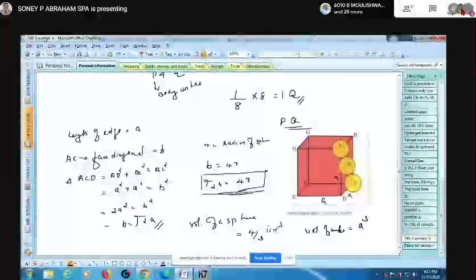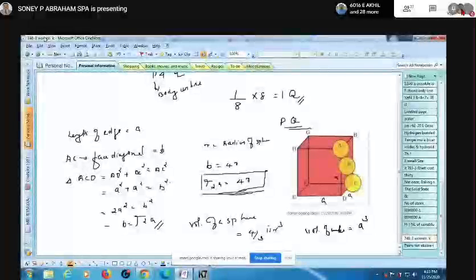R cube and R cube get cancelled. You simplify these terms, and you'll get an answer which is equal to 74%.